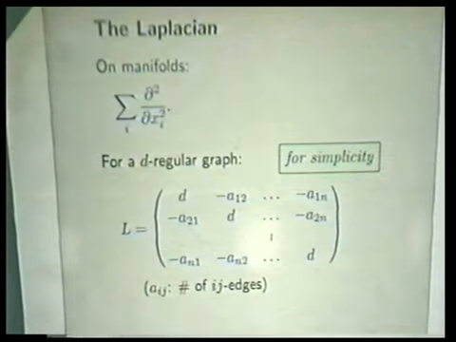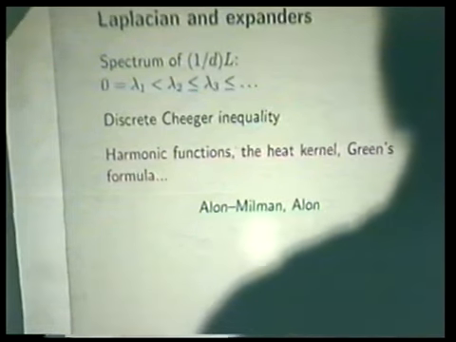Now, we heard a lot about all sorts of uses of the Laplacian all over the place. Let me mention a few graph theoretic aspects of the Laplacian. Of course, one likes to look at the spectrum of the Laplacian.